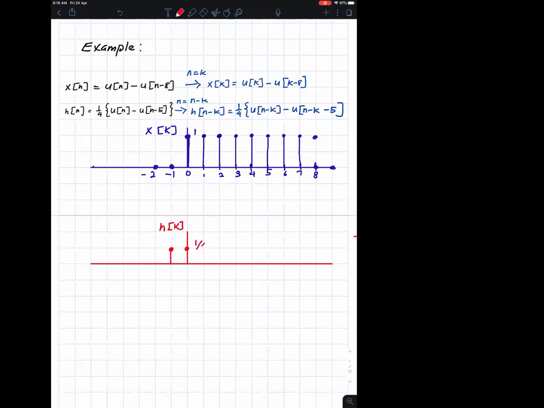The signal amplitude is 1/4 to the power minus k. So this signal goes on to negative infinity.